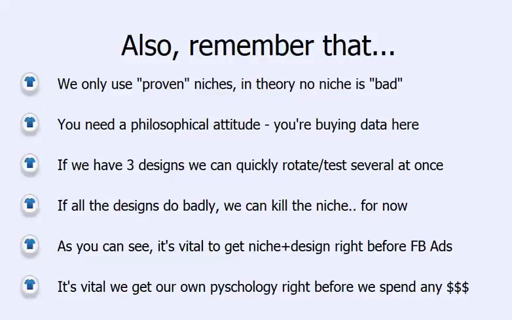We can do that literally within a few hours, maybe within a day or so, and then we look at that one, see how it does, maybe tweak the campaign based on some data that we've seen on Facebook, and if that's not doing well, we can roll in the third one. So it's possible really to test 3 or even 4 designs in the space of just a couple of days, and with only spending maybe $20 or $30.